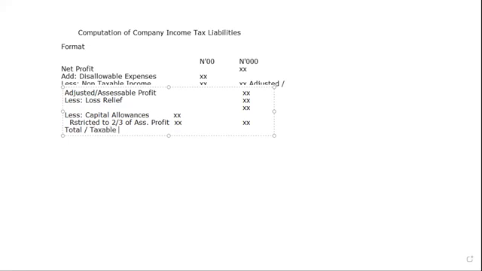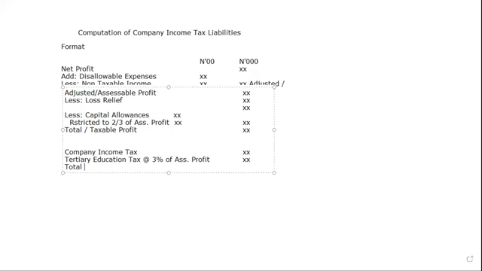I prefer using total anyway. Total profit. Then you have company income tax. Then you have tertiary education tax at 3% of assessable profit. Then total tax liability.